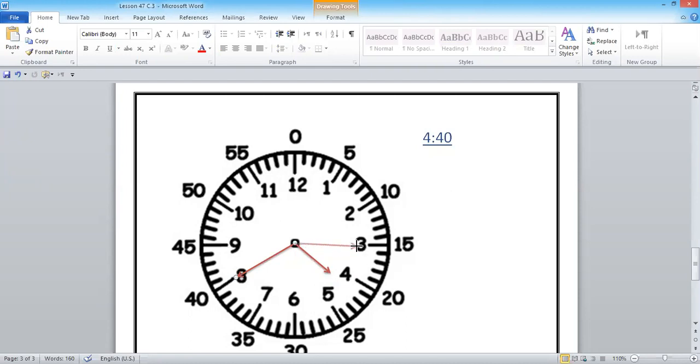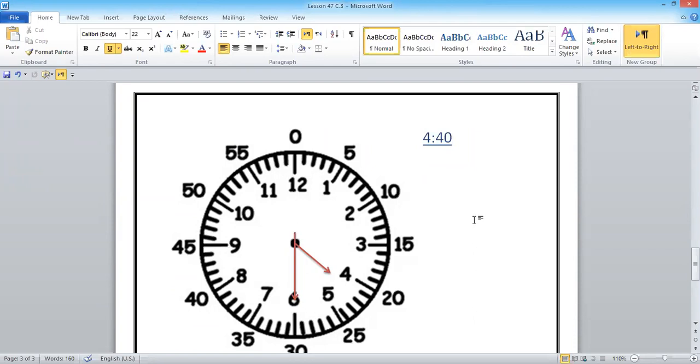Let me take another one. Now come to here, guys. This is the time. The long hand is at 6. Now you have to tell me the time. What time is it?